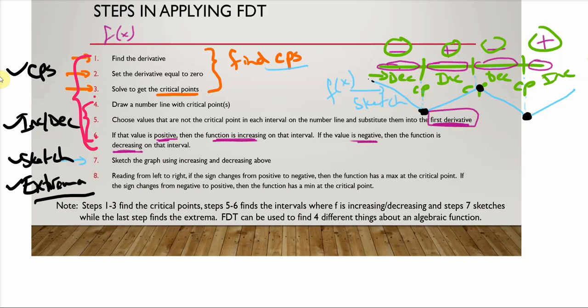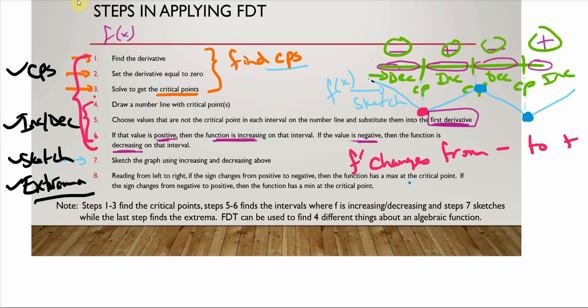Now, how do you justify it? How do you tell somebody that right here I have a relative min? Well, you're going to say because f prime changes from negative to positive. How do I know that right here I have a relative max?